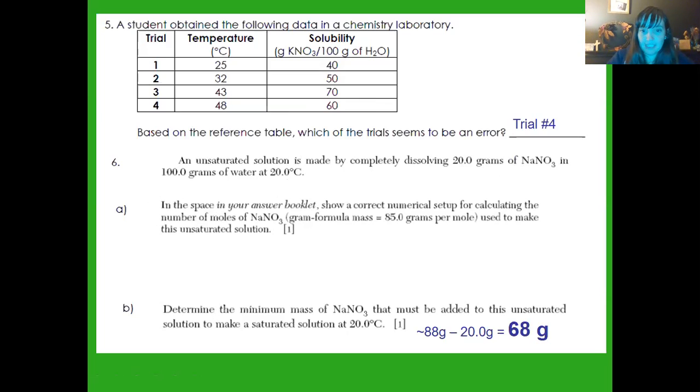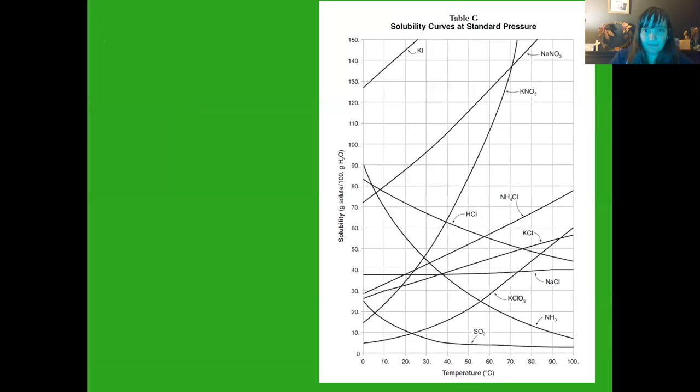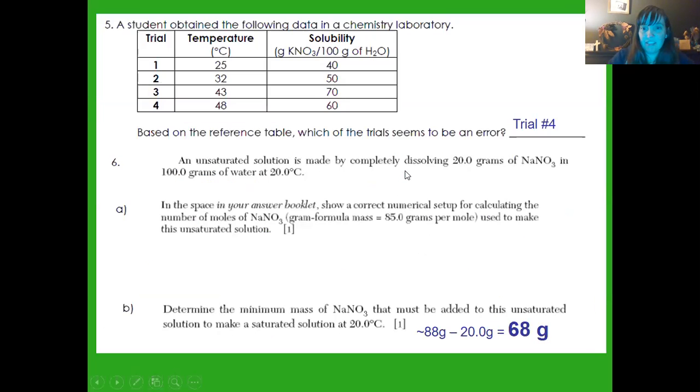Well, if I look back at table G, we're looking for sodium nitrate, 20 degrees Celsius. Looks like at 20 degrees Celsius, sodium nitrate, you need about 88 grams to be saturated. They said they already put in 20 grams. That's definitely not saturated. So to get all the way up to the line there, you'd need about 68 more grams. So that's the answer.